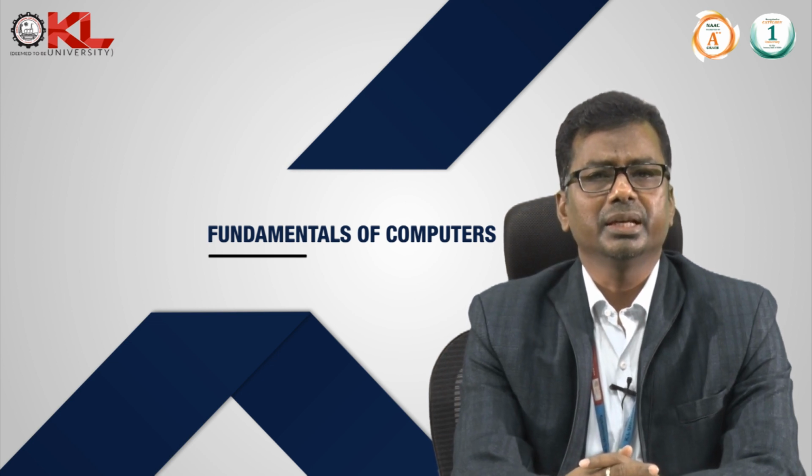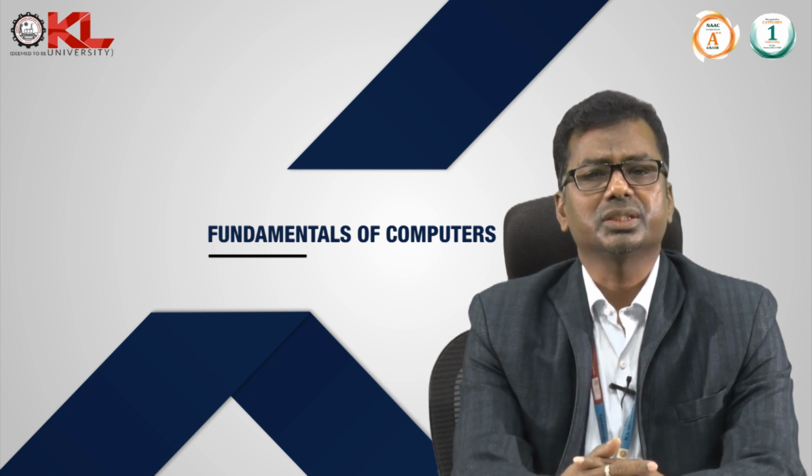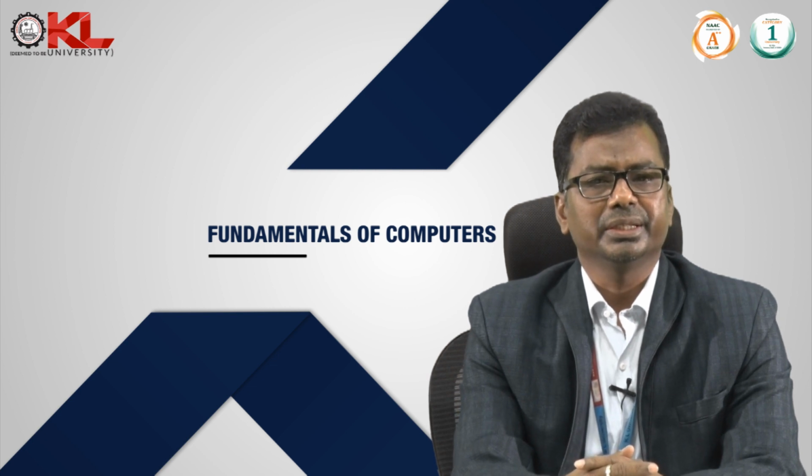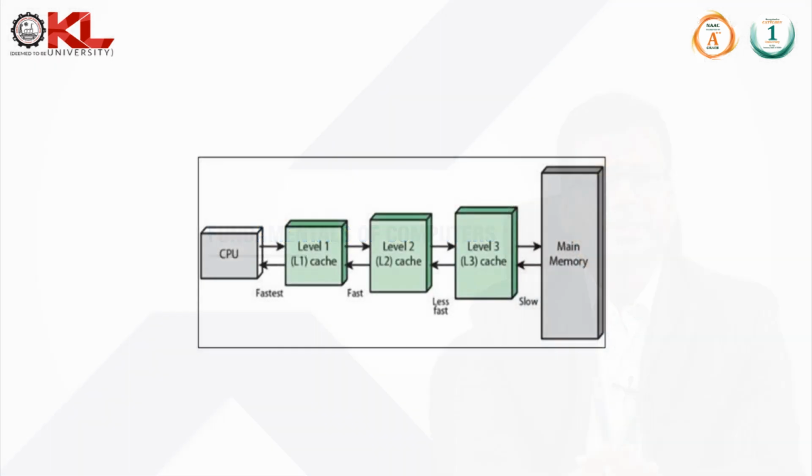Here the L1 cache is made with static RAM ICs. We can see in the diagram the 3 levels of caches are placed between the CPU and main memory, and as we progress away from the CPU, the caches become slower.